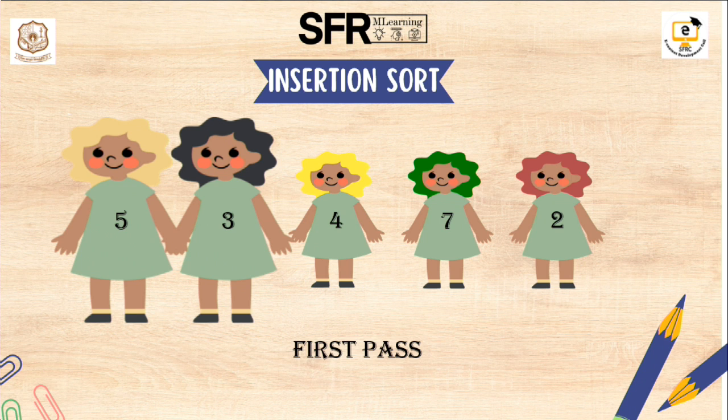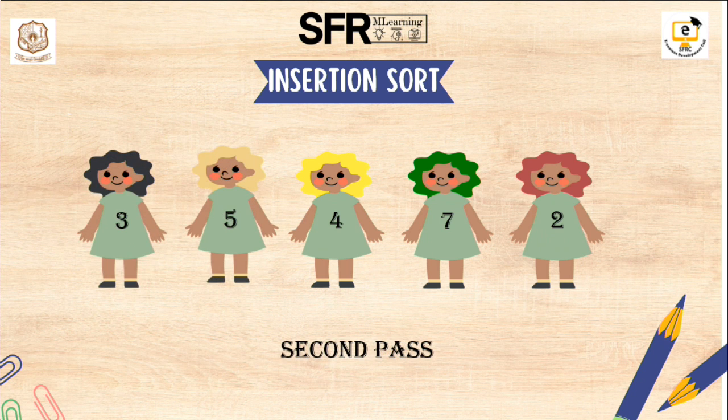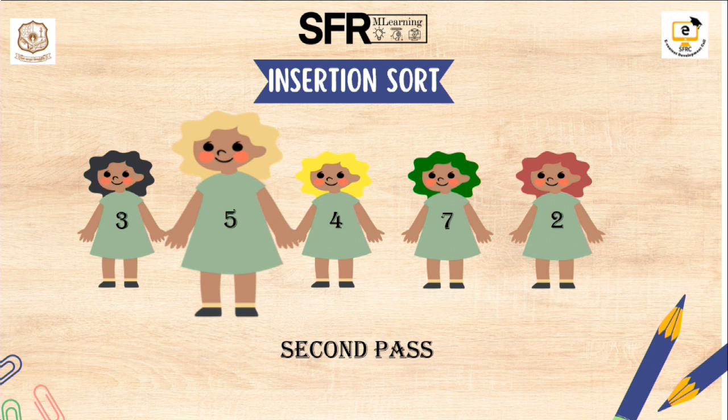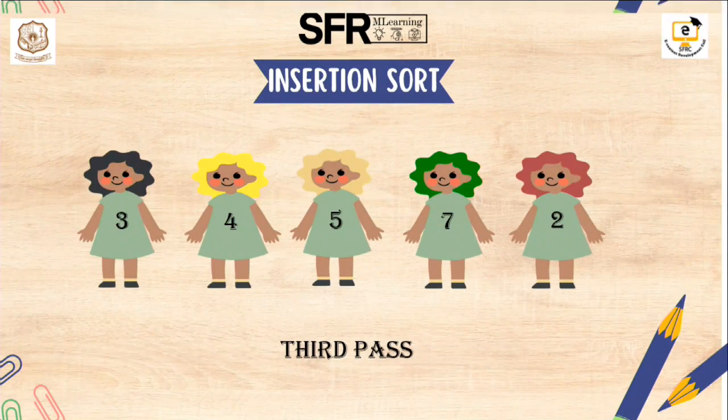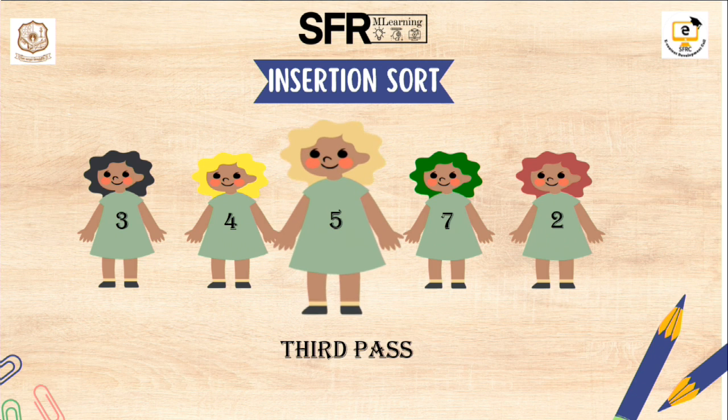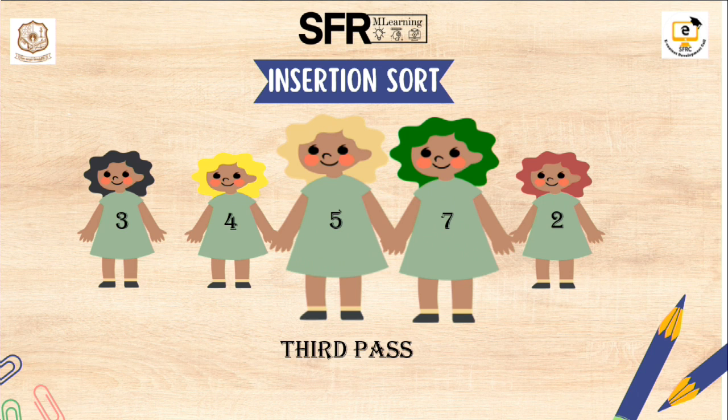Now swap 5 and 3. In second pass, we check the numbers 5 and 4. Here 5 is greater than 4. So 5 is not at the correct position. Now swap 5 and 4. In third pass, we have to check the numbers 5 and 7. The values are already in sorted order. Now we can move on to the next pass.